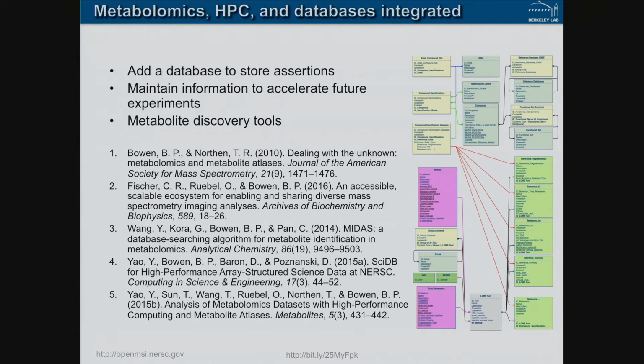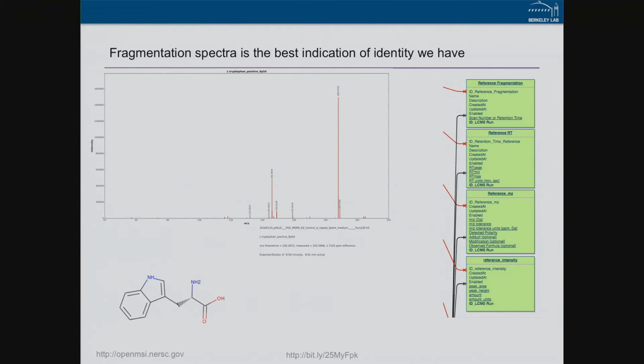So we've written a lot of papers about this, and this has been a kind of career goal of mine that this year has really catalyzed into something somewhat meaningful. So we have a nice database, and we have a Python API to analyze the database and to analyze a bunch of HDF5 files at NERSC. And we can do things like store a reference fragmentation spectrum for a molecule.